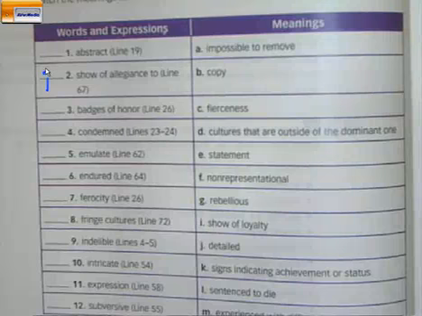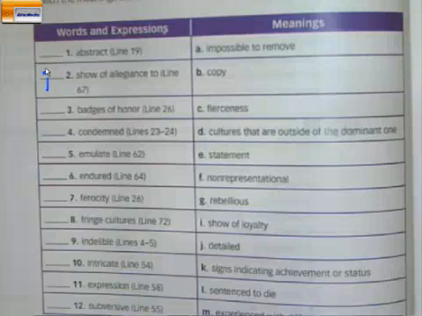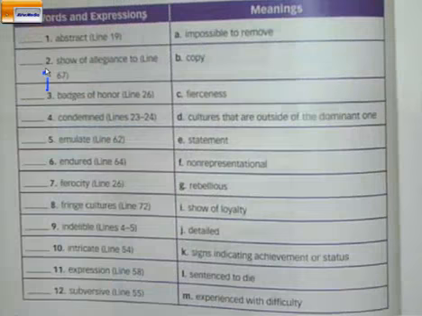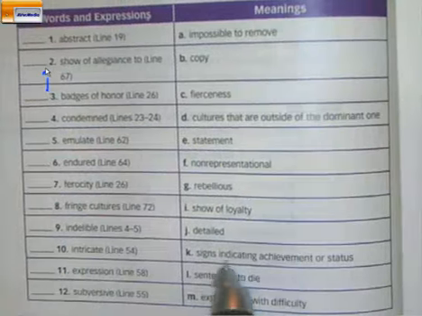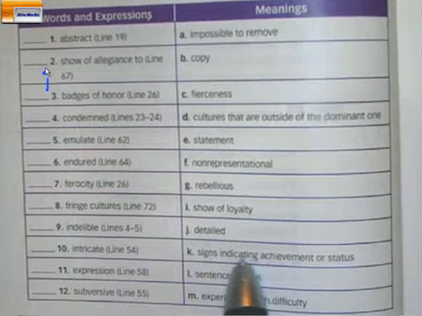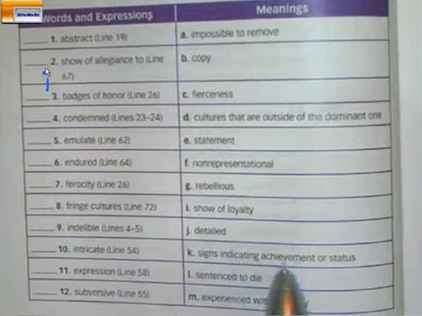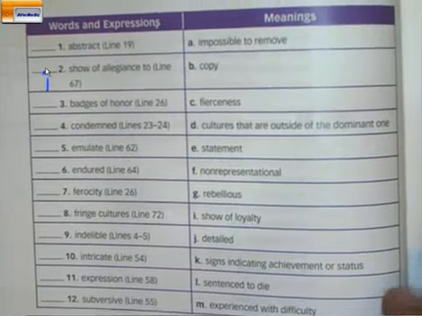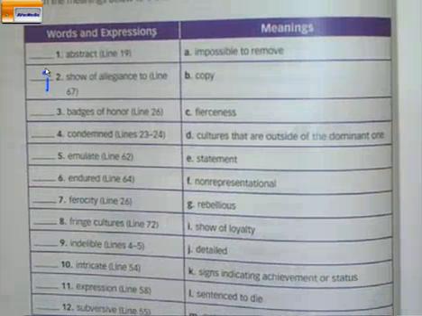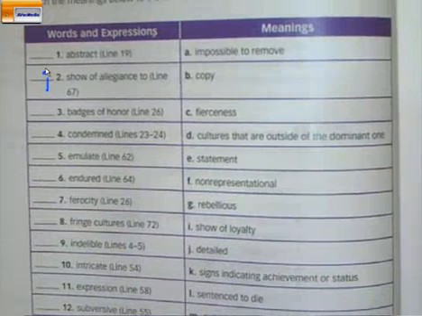So this soldier is given a medal of honor, and sometimes he can wear these badges of honor, indicating that he or she has done something courageous and honorable. So a badge of honor is a sign, and that is clearly indicated in K, where it says signs indicating achievement or status. Right, let me just move that right there. So it's K.